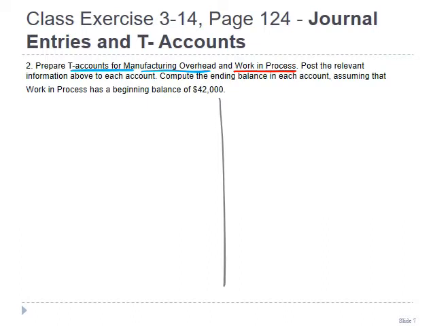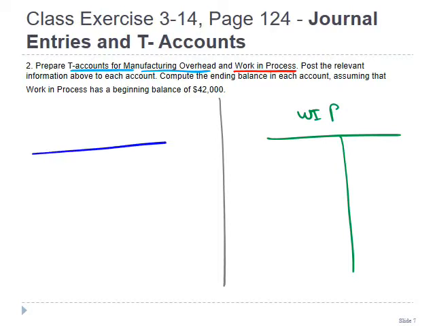One T-account we make here for work in process, and one account we make for manufacturing overhead. That is the debit side, that is the credit side.